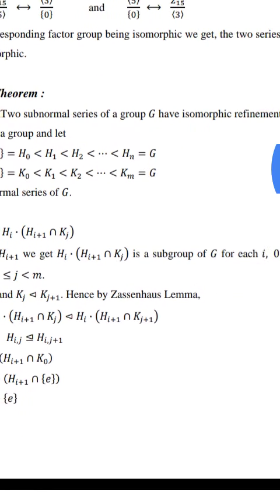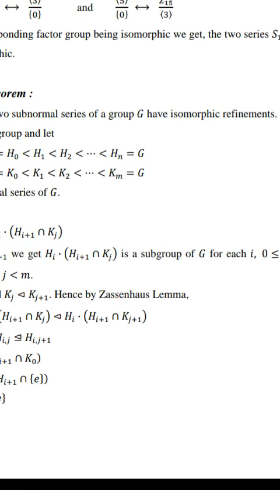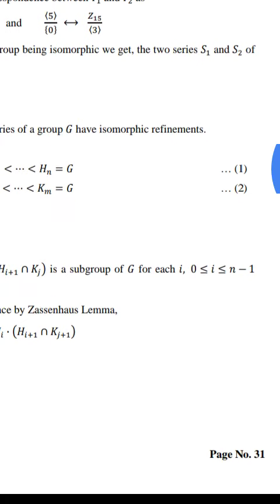Statement of Schreier's theorem: Two subnormal series of a group G have isomorphic refinements.